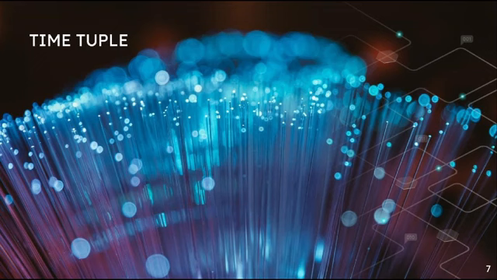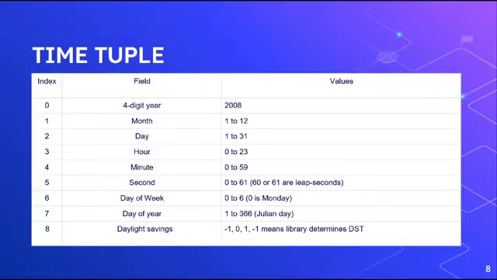What is a tuple? A time tuple is the usage of a tuple or list of ordered items or functions for the ordering and notation of time.